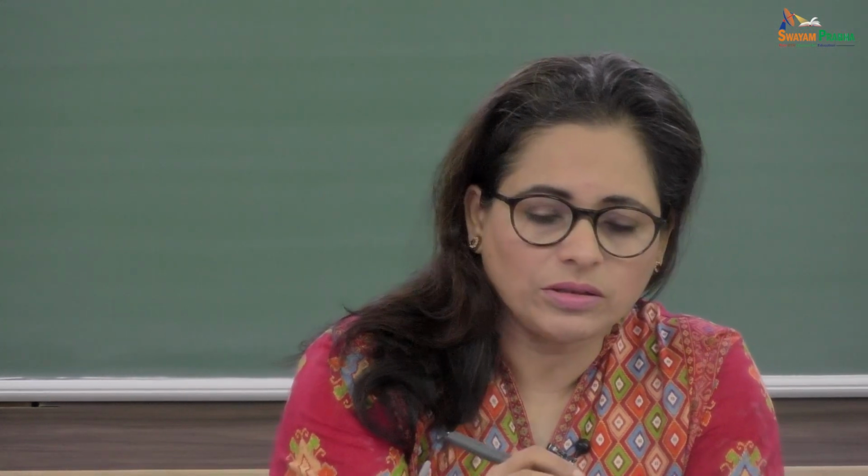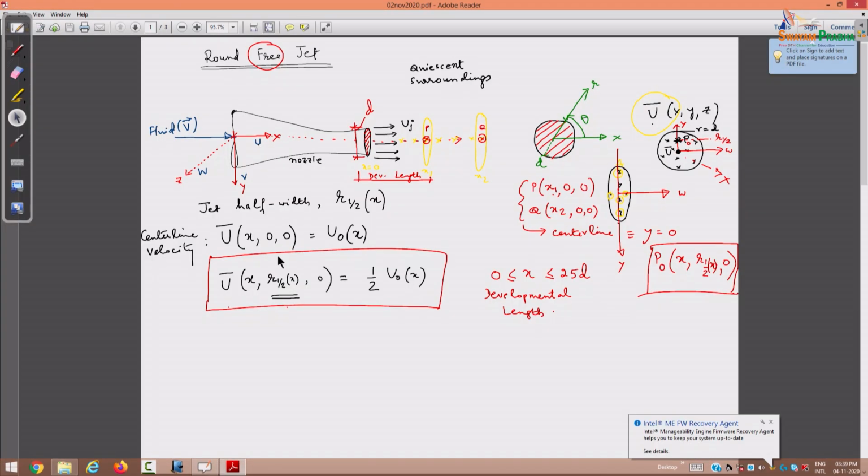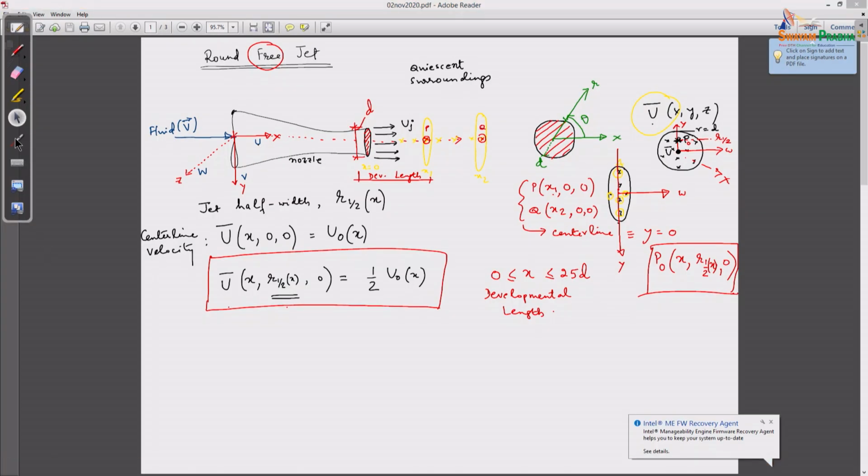So just to remind you, let me just look up the axis system, right? So this is your axis system essentially. You have x, which is really the axis of the jet, as well as the direction of u.